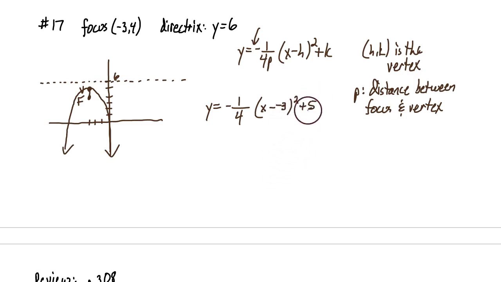Now where's the -3 and 5 coming from? That's h and k. Those are the coordinates of the vertex. The vertex was point V in our picture. It's left to -3 and it's up at a height of 5. Because of this double negative right there, we can fix that. So -1/4 times x plus 3 squared plus 5.